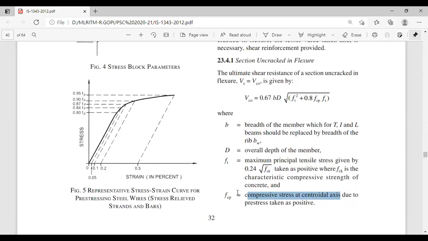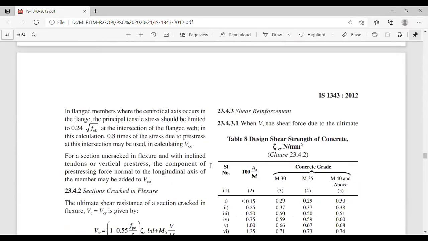In flanged members where the centroidal axis occurs in the flange, the principal tensile stress should be limited to 0.24 root fck. At the intersection of the flange and web in this calculation, 0.8 times the stress due to pre-stress at this intersection may be used in calculating VC0. So we have to use 0.24 root fck.